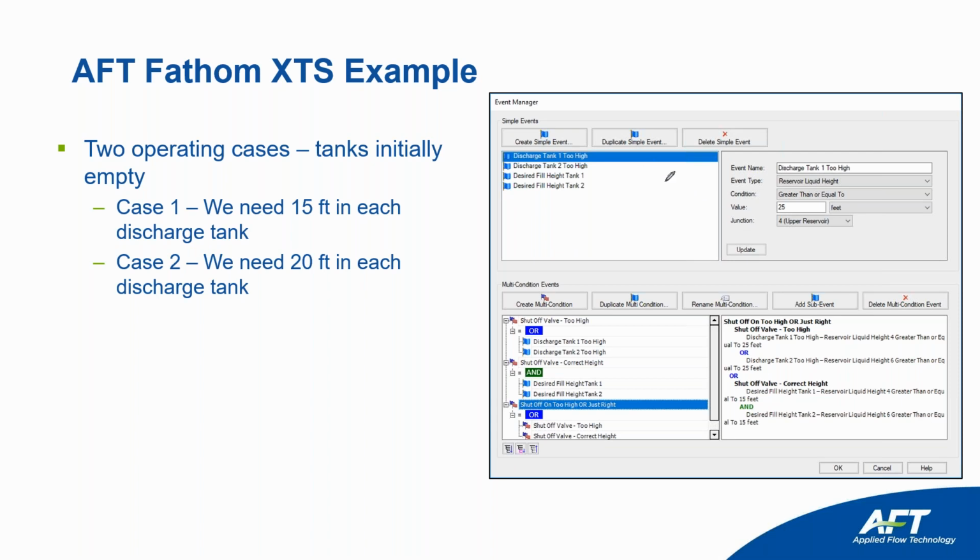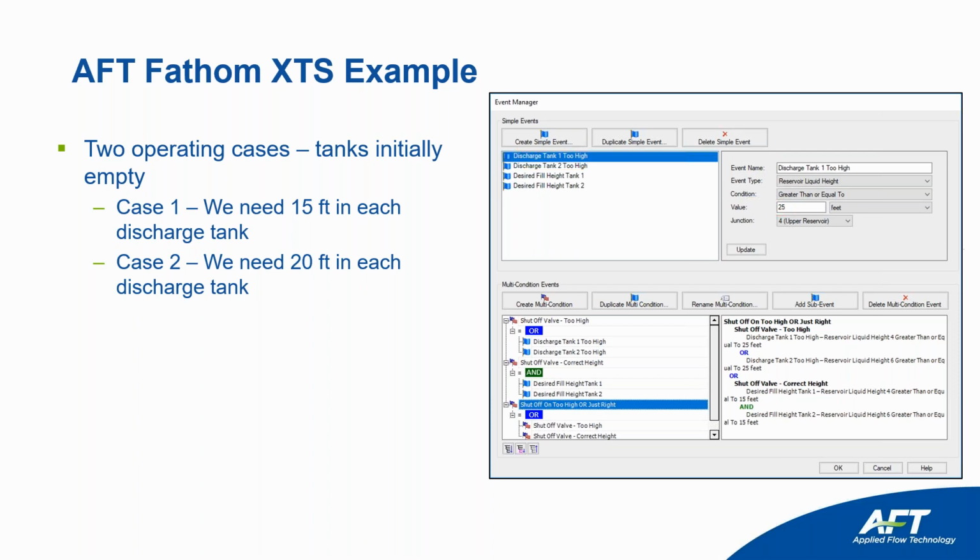The reason why you would use a multiple condition event is so that you can model AND or OR logic. Here I have two different logical situations that can happen. In one case, my discharge tanks are too high, and too high would be 25 feet.